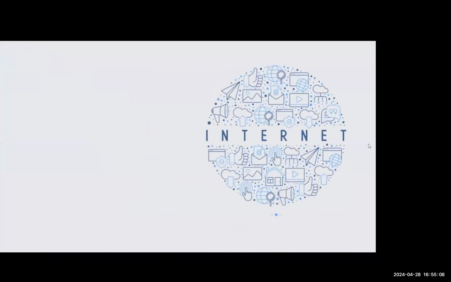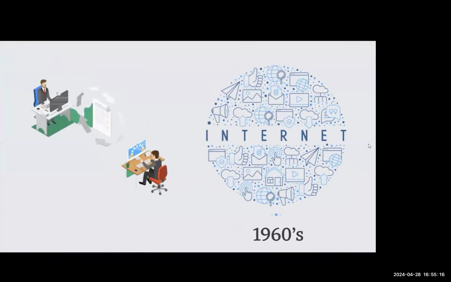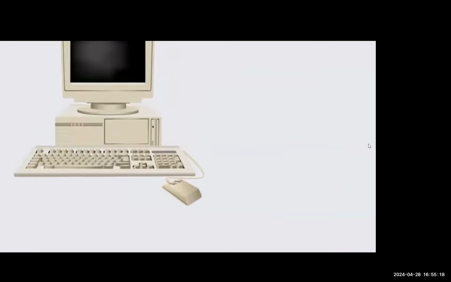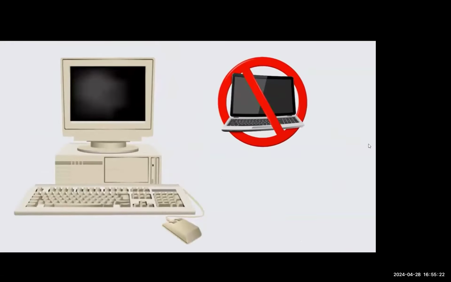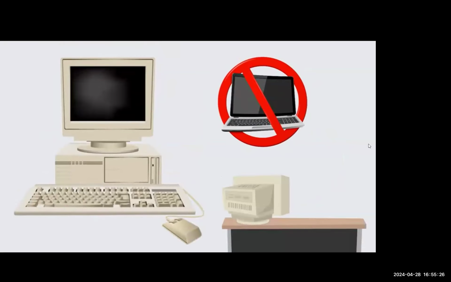The internet is the world's most popular computer network, originally created in the 1960s as a way for government researchers to share information. But as PCs were immobile at that time, laptops had not yet been invented. To make use of information stored in it, researchers would have to physically travel to the site of the PC to access it. Unimaginable in this day and age.